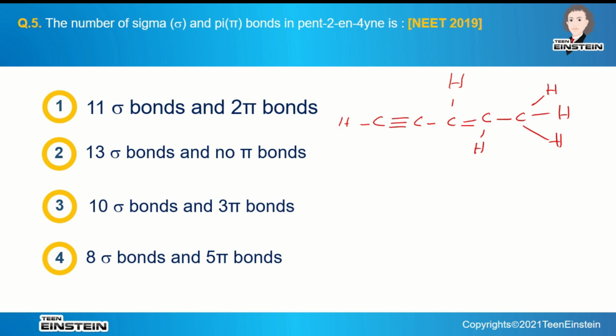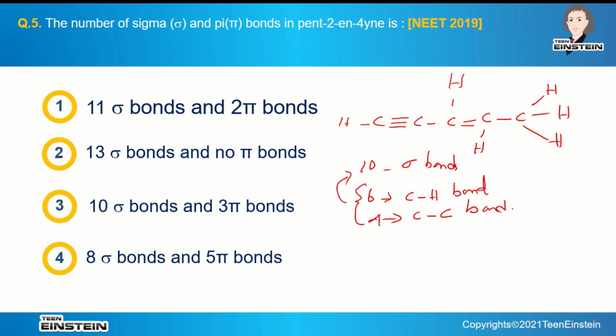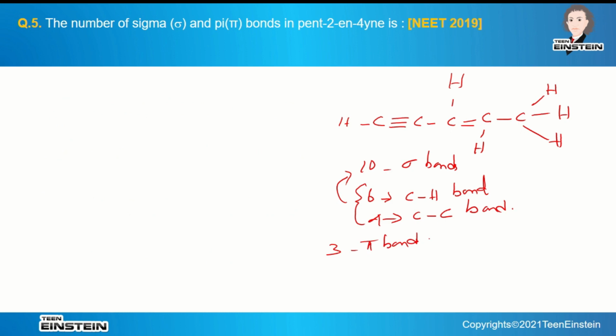So it contains 10 sigma bonds, that is 6 CH bonds and 4 carbon-carbon single bonds. So the total number of sigma bonds is 10, and here you can see there are 3 pi bonds.